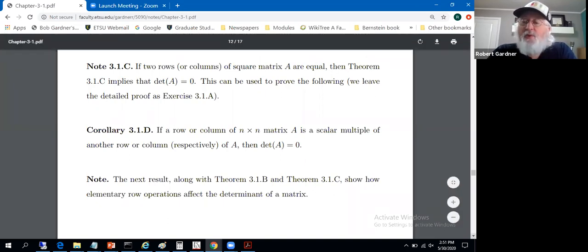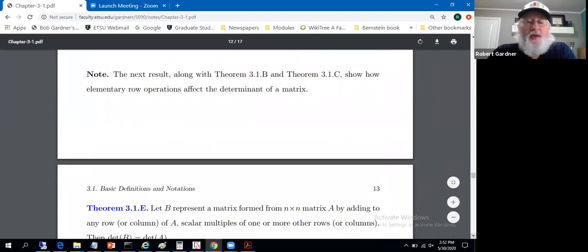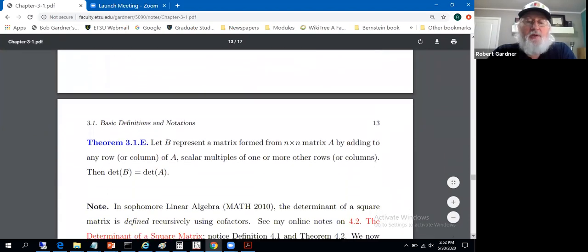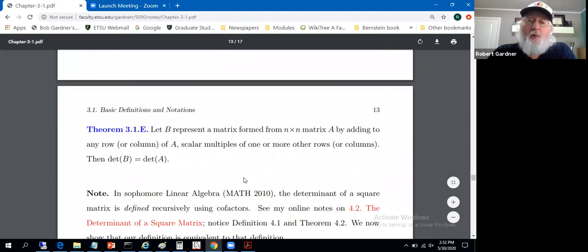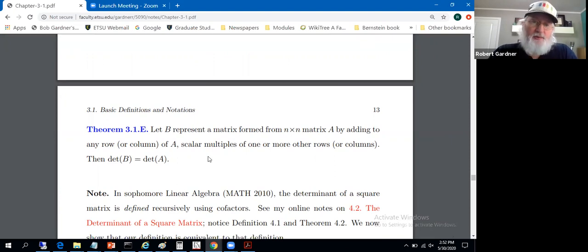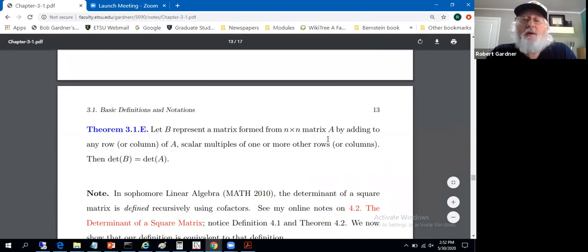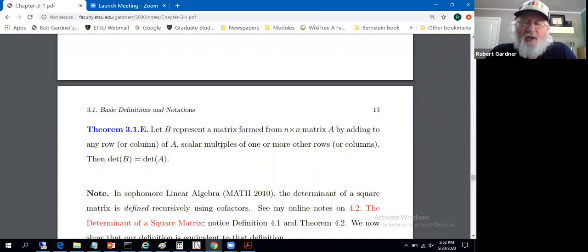All right, so that leaves us with one row operation, and that row operation is row addition, adding one row to another. They've stated it here in terms of adding several rows to one row. Let B represent a matrix formed from matrix A by adding to any row of A scalar multiples of one or more other rows. Similarly, correspondingly with columns.